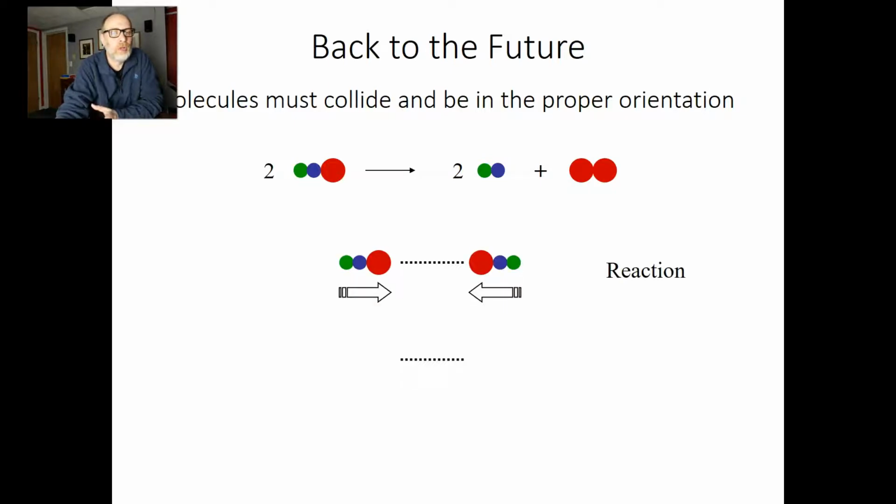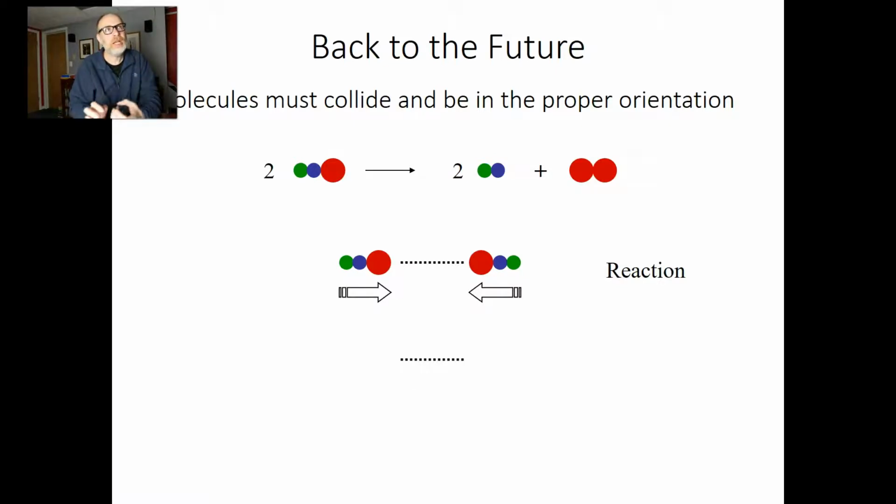And so the ones where the two red atoms would collide in close proximity to one another, we might expect there to be a reaction at that point, because as a product, those two red atoms have to be attached to one another.